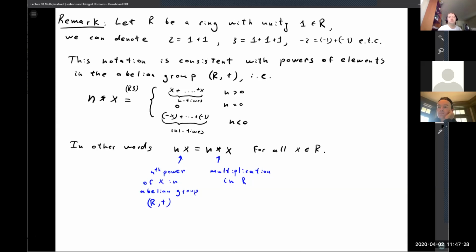So there are two different operations, but of course the notations are designed to be consistent.